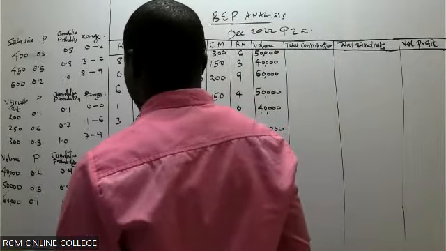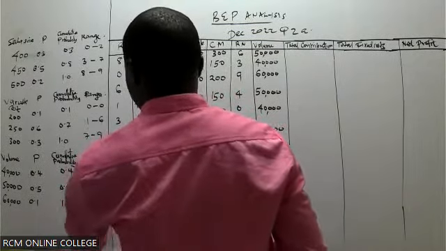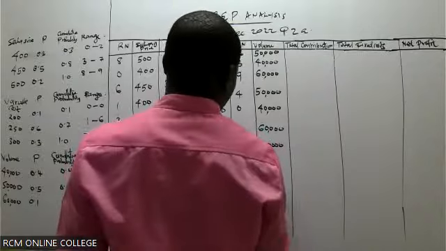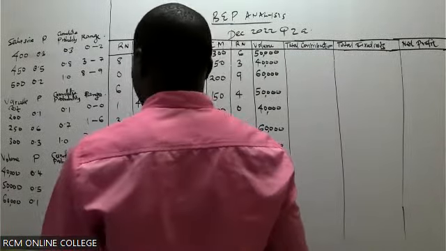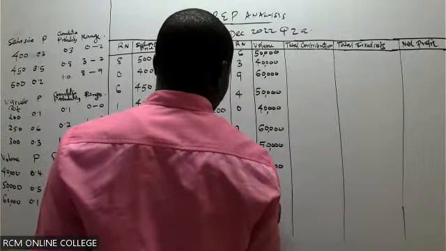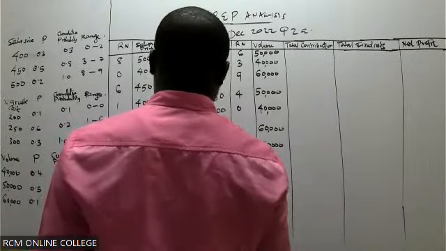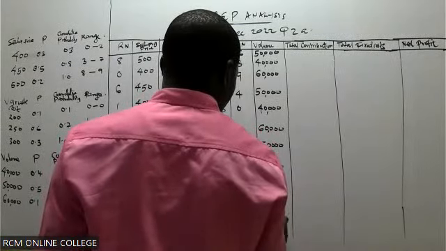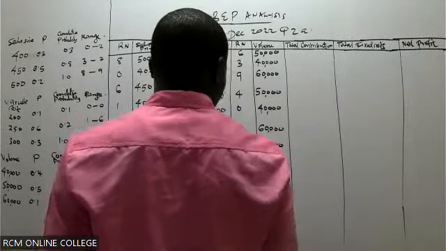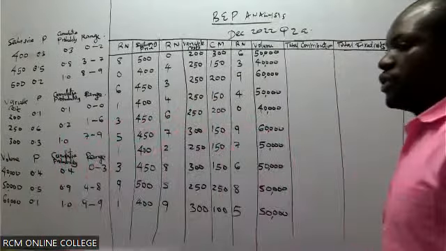Then number 6, within this range, 50,000. 8, the same range. 5, the same range. Good.